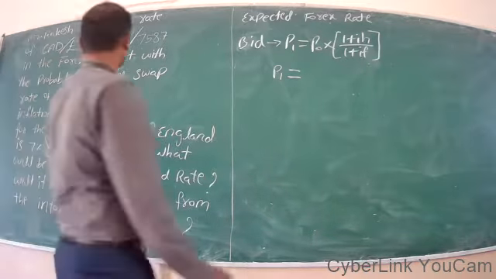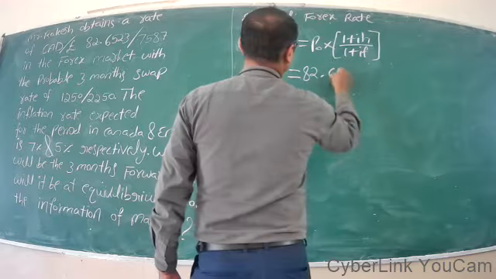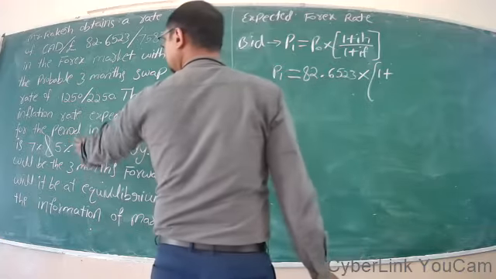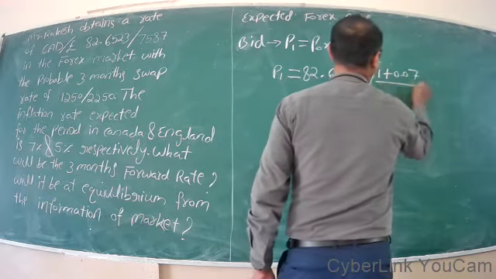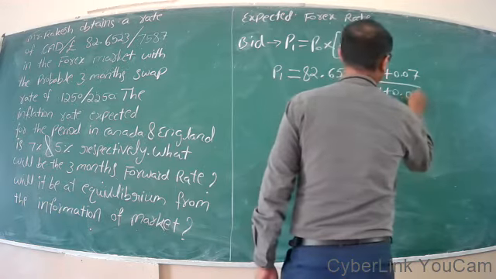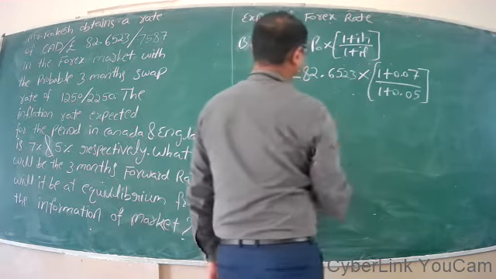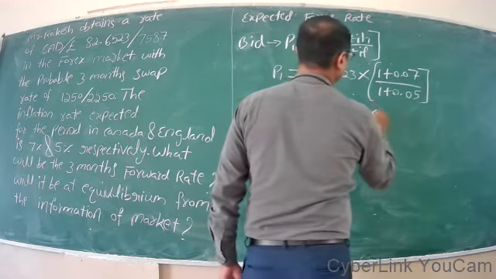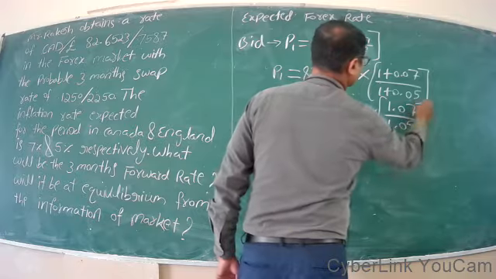Fine. So P1 is equals to the spot rate, the bid price, 82.6523 multiplied by 1 plus inflation rate in home country, that is Canada, 7%, 0.07, divided by 1 plus inflation in foreign country, that is UK, 5%, 0.05. So bid P1 is equals to 82.6523 multiplied by 1.07 divided by 1.05.